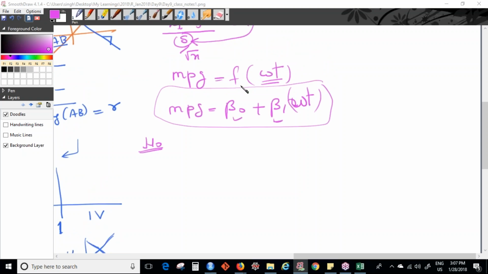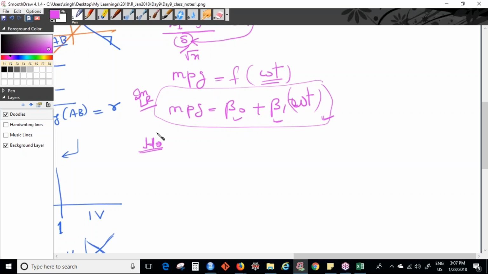Okay, so let's say you want to do linear regression between miles per gallon and weight. So you assume that there is a function f which maps your dependent to your independent, and in linear regression you assume that to be this particular line. Now you have a null hypothesis here.